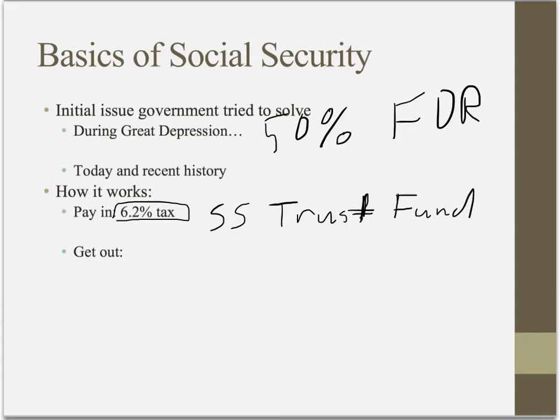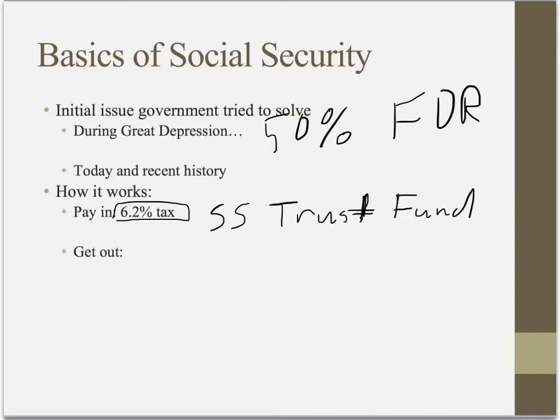Social Security Trust Fund. Your employer will pay in an additional 6.2% into that trust fund. So it's a very, very big bank account. It has billions and billions of dollars inside of it that employers and employees pay into. And once you reach retirement age, you then get money back out of that giant bank account that the government is managing for people.